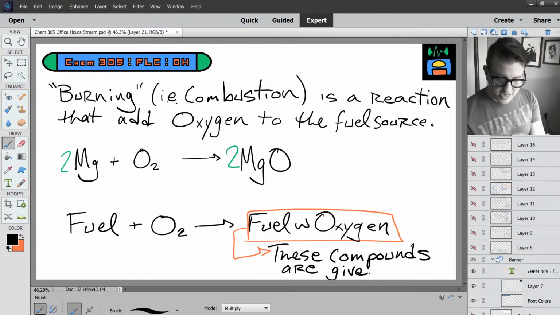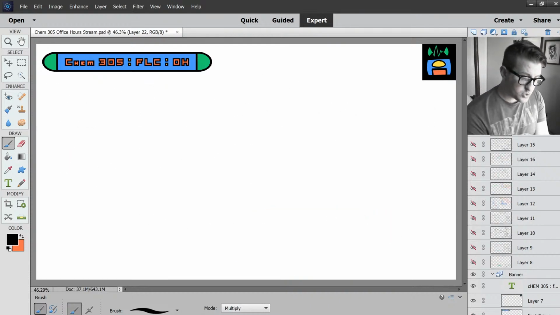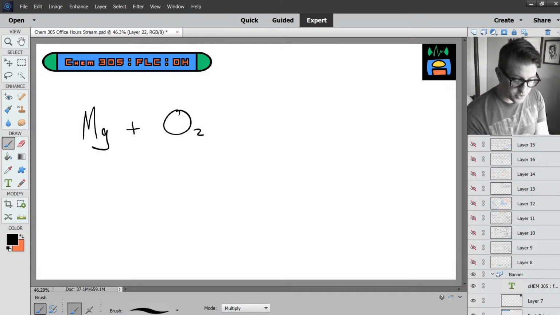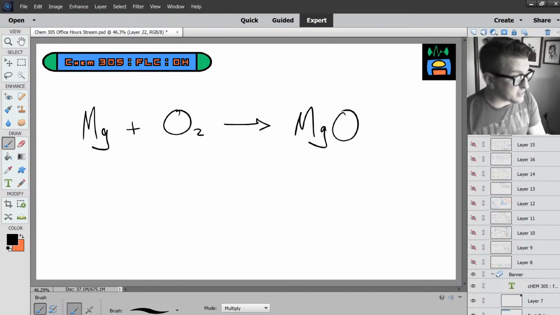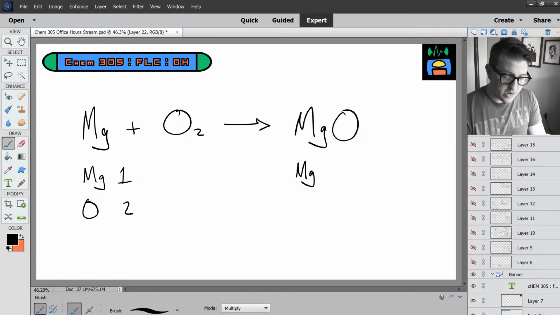Susan, great question. Where did that 2 come from? Well, here, let me rewrite this equation. So our fuel, magnesium, reacts with O2 to make MgO, and this is something that we'll be talking about later in the semester. But you'll notice that on the reactant side, there's 1 magnesium and 2 oxygen, and on the product side, we have 1 magnesium and 1 oxygen.